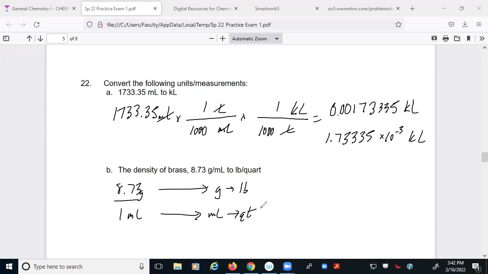We could do that all in one string. But where my caution would come in, again, this is one of the common places where people make mistakes, is if you have had trouble with units in the denominator of fractions in terms of getting the fraction to convert correctly, my suggestion to you then would be to separate the 2 conversions and then divide them by each other at the end.